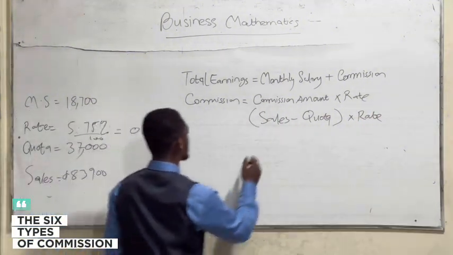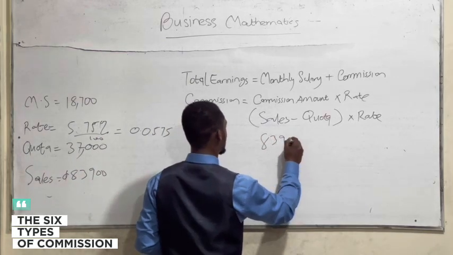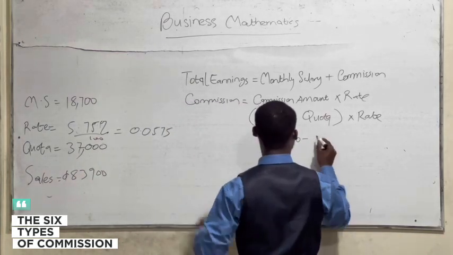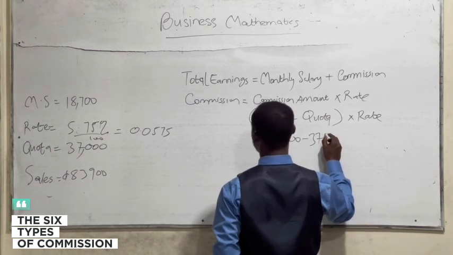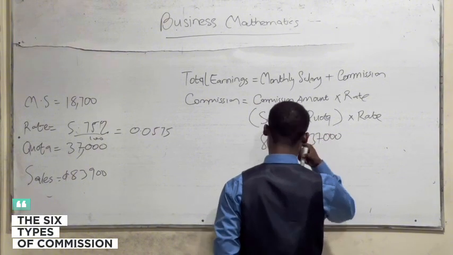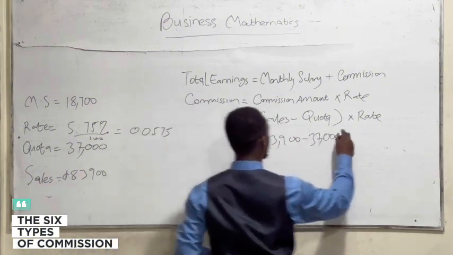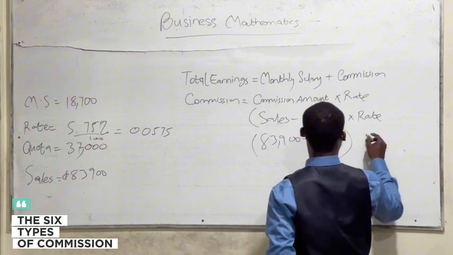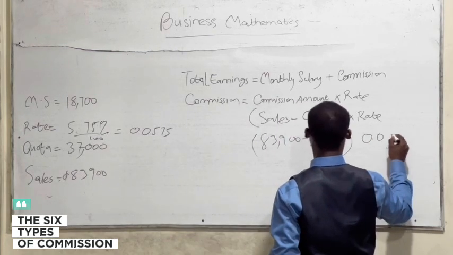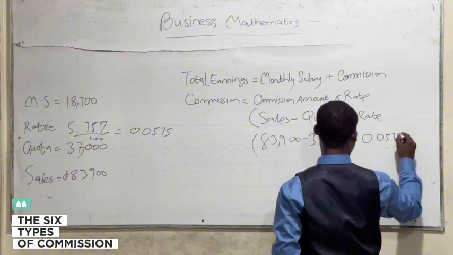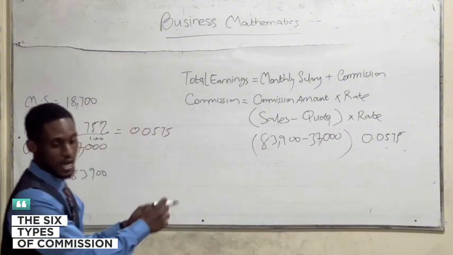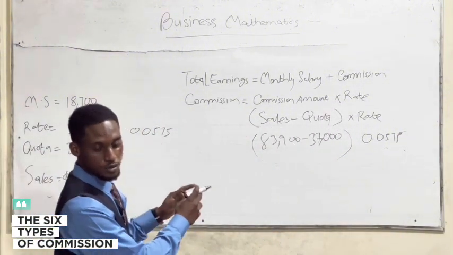We have our sales to be 83,900 and our quota to be 37,000 cedis. And our rate to be 0.0575. This is how it should be.